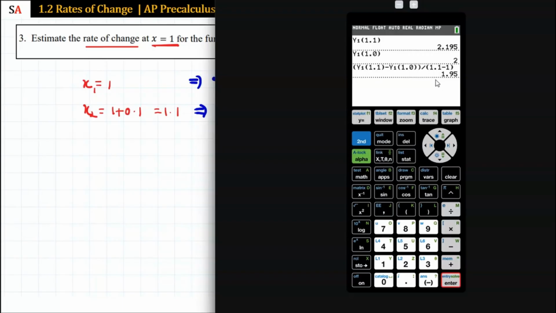You can see this is the estimated rate of change, the average rate of change.